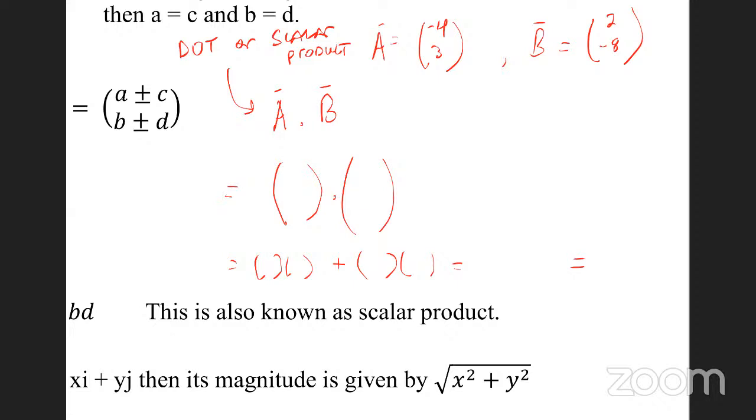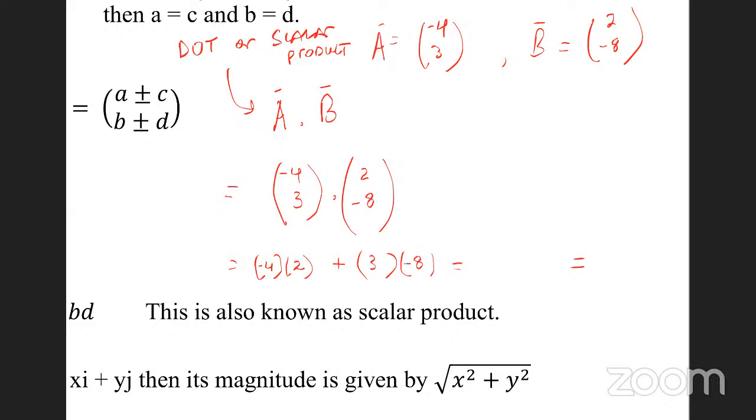So let's see what A is. A is minus 4, 3. That's the vector that we're using, Imran. Oh, you can't see them. Well, I'm writing them here: minus 4 and 3, and 2 and minus 8. So it will be minus 4 by 2, and then 3 by minus 8.